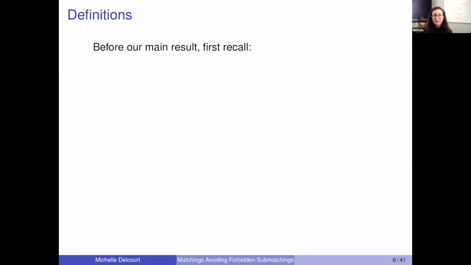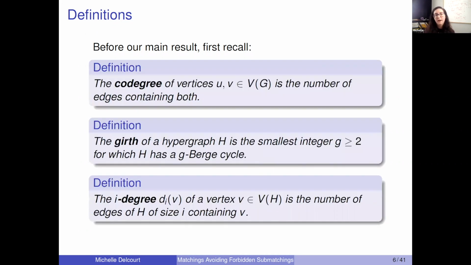I want to state our main technical result and then back up a bit and say what it implies. To this end, let's define a couple of things. When I'm talking about the codegree of a pair of vertices in a hypergraph, I'm talking about the number of edges that they jointly extend to.